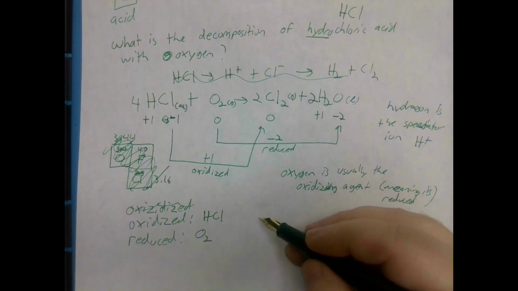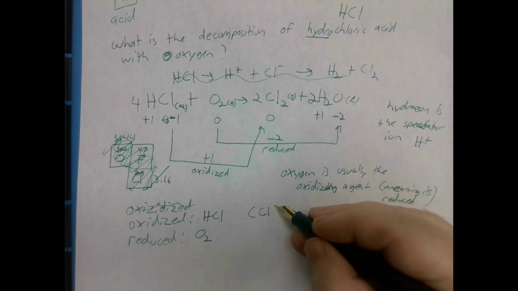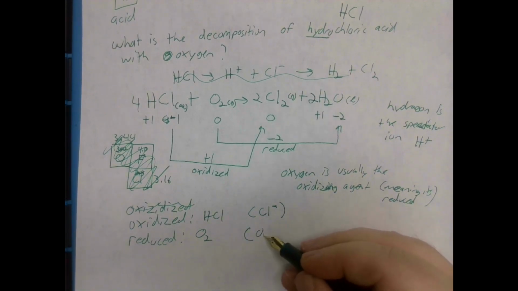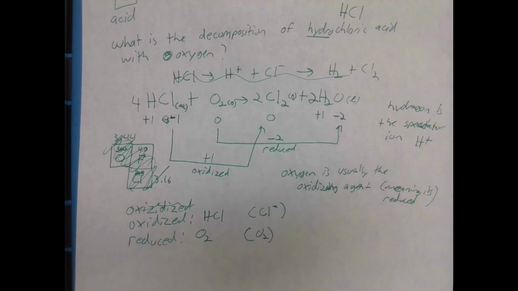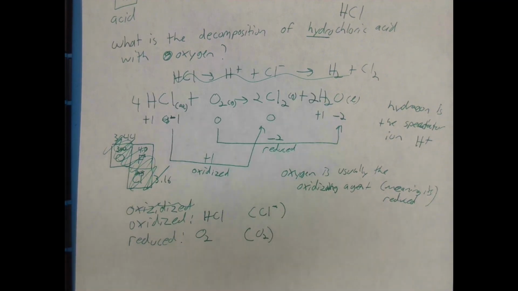If you want to be more specific, it's the chlorine, the Cl negative ion, and it's the O2. There's no other way to put it as there's no ion for it. But the reactant being oxidized is HCl.